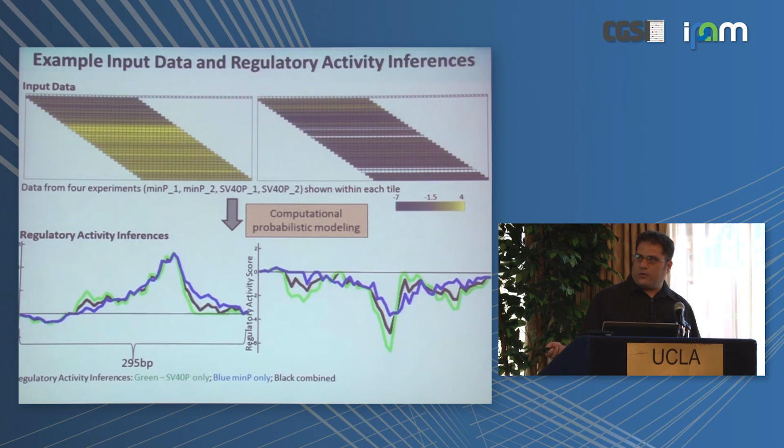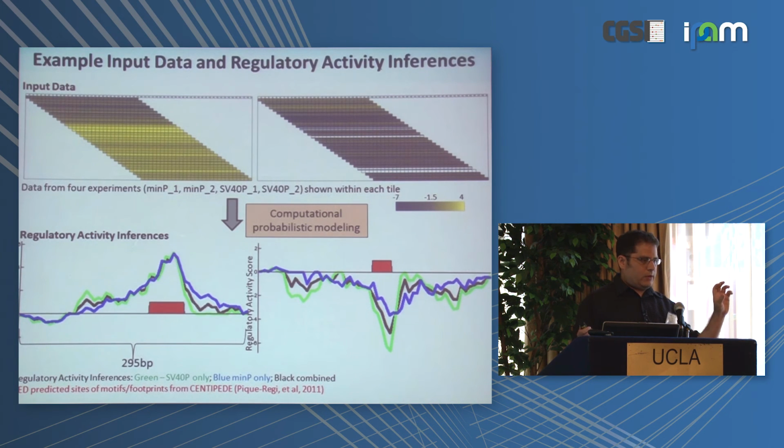And if we compare this now with locations predicted to have a regulatory motif site in that cell type based on the CENTIPEDE method, which came out of Jonathan Pritchard's group and uses DNA sequence information and also DNA footprints, they predict there's a regulatory site over here and regulatory sites over here.